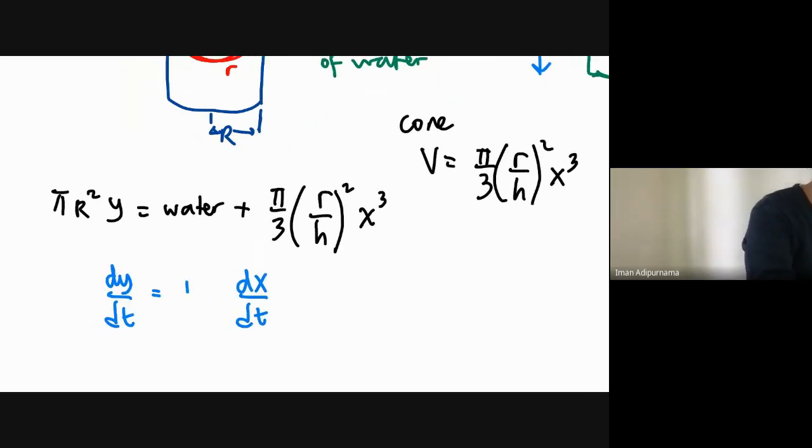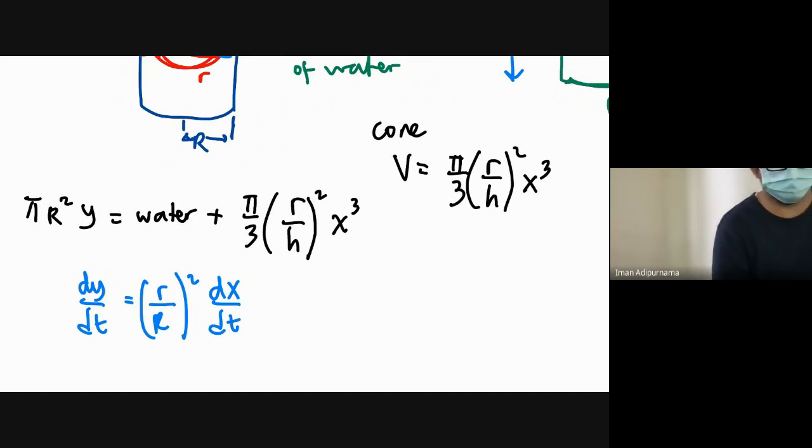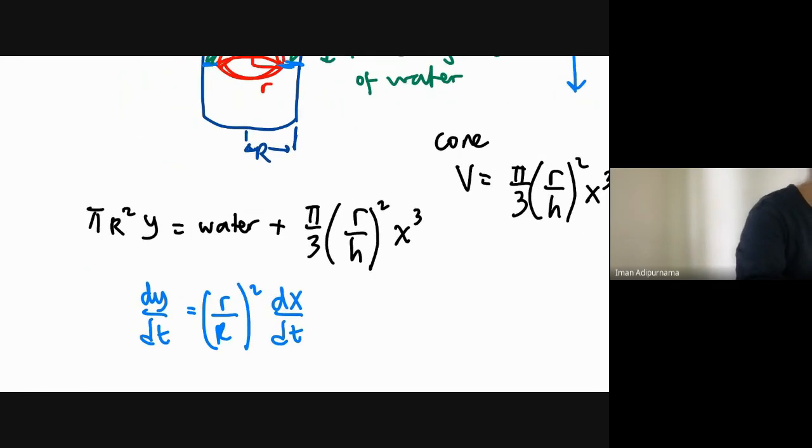And this should have the relations with this small r and the big R squared. Take the general.